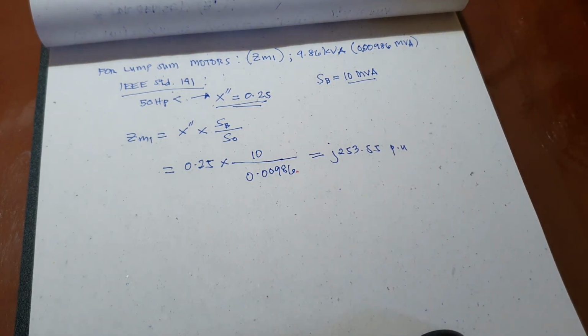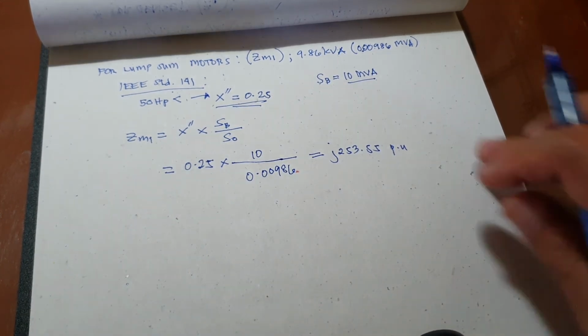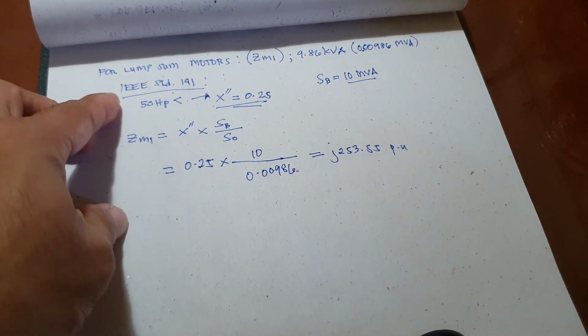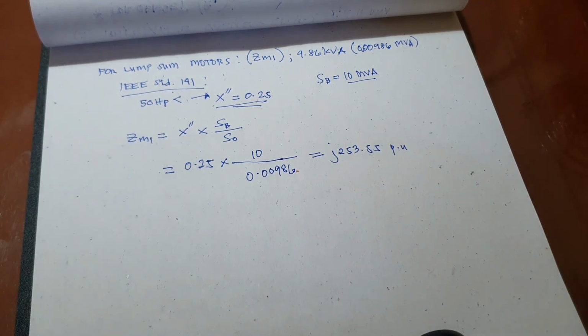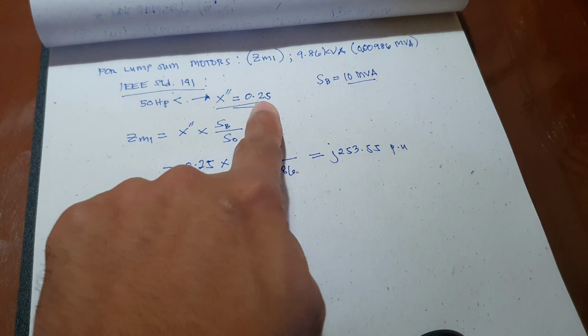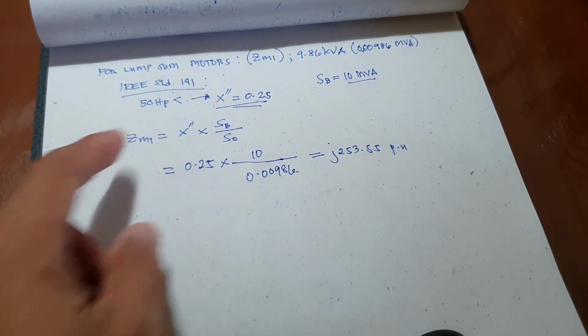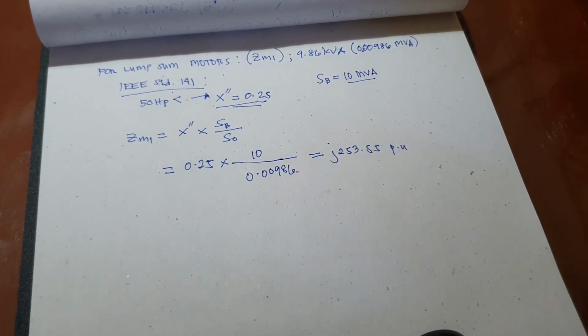So these are now the procedure on how to determine the impedance value in per unit of the motors. So take note again, from IEEE, we use the subtransient reactance value of 0.25 because the motors are less than 50 horsepower.